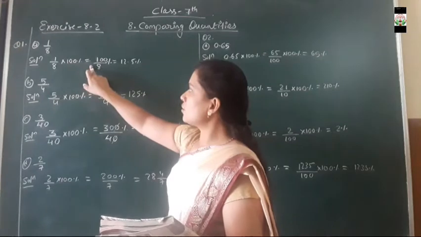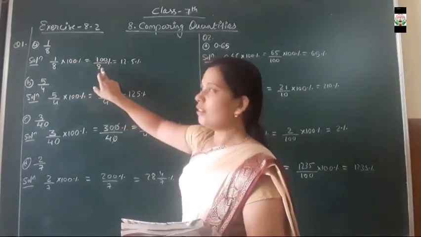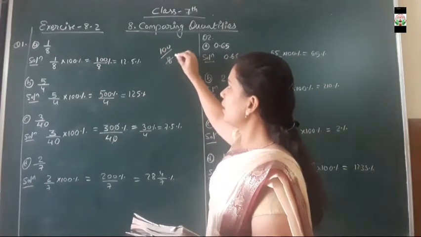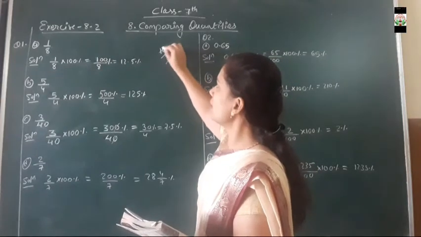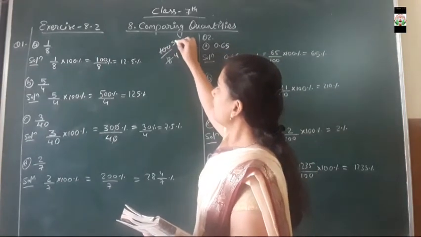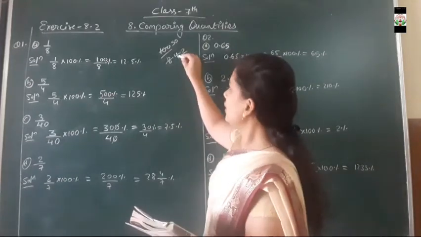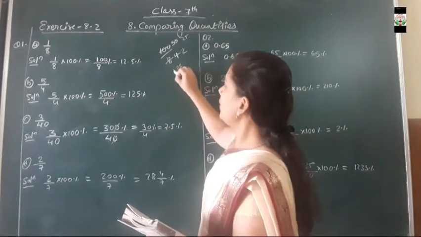So it equals 1 into 100% which is 100% upon 8. Now when 100 is divided by 8, 8 gets cancelled by the table of 2. How many times? 4 times. 10, that means 5 times, and this 0, 50. Again it gets cancelled by the table of 2. Here it will be 2 times, this will be 25. Now 25 will be divided by 2.